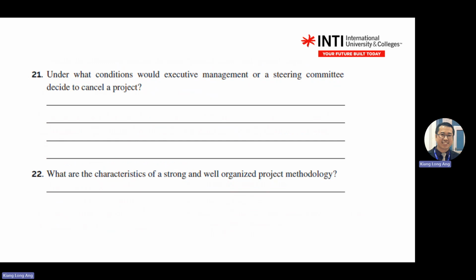Under what conditions would executive management or a steering committee decide to cancel projects? Or you as a sponsor, as executive management, this one asks you about decision. Under what condition? What do you think would make you cancel a project?